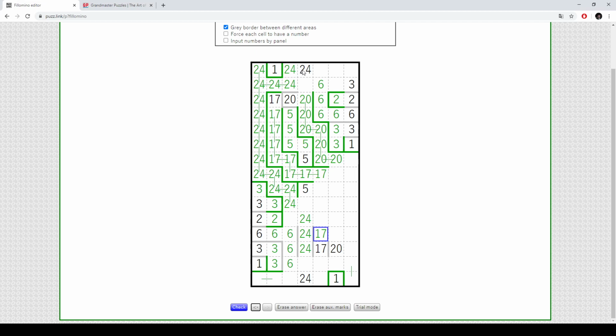So as I was counting, we got 2, 3, 4, 5, 6, 7, 8, 9, 10, 11, 12, 13, 14, 15, 16, 17, 18, 19, 20, 21, 22. Well, that 24 has to go that way. So we've got 22 of the 24, assuming we just make a straight path, which means that these are not going to be reachable by that 24.